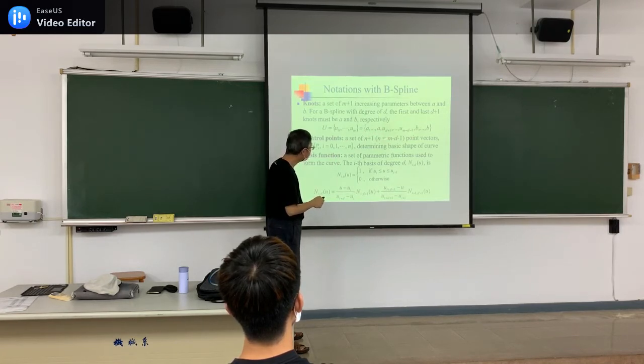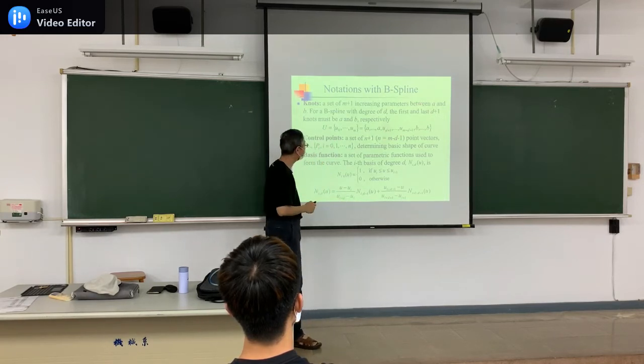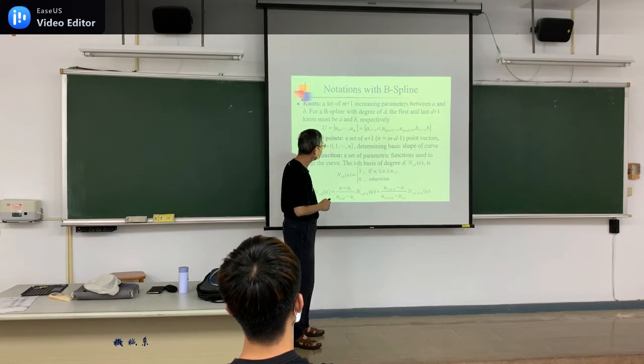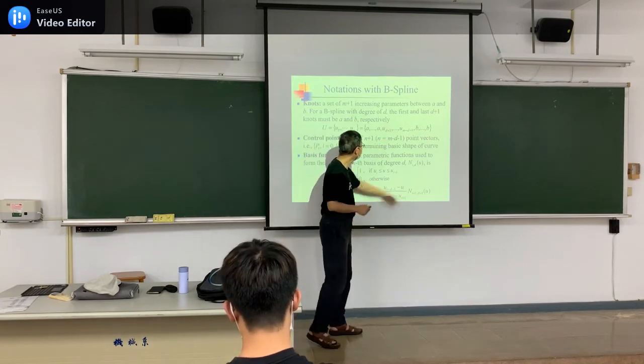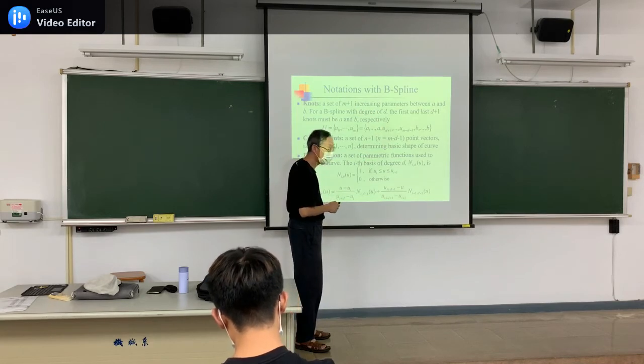So in between, you have other u values. For example, this is 0, this is 1. So you have 0, 0, 0, 0, d plus 1 zeros, then 1, 1, 1. And then in between it is increasing from 0 to 1.